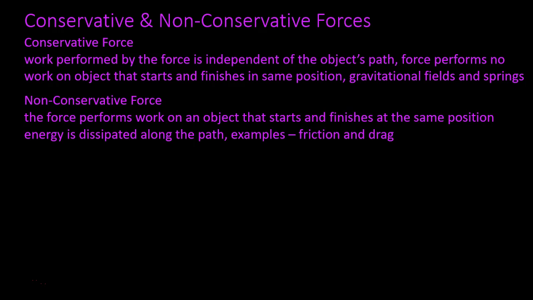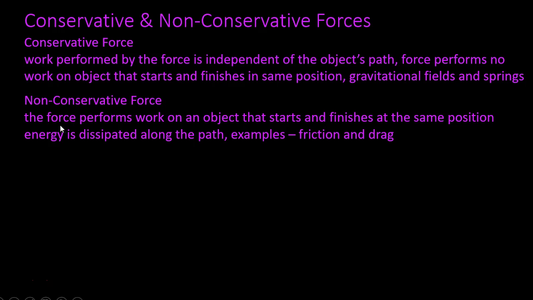Non-conservative forces are different. If an object starts and finishes at the same position, work is being performed and energy is being dissipated along the path. That's different than conservative forces, where if an object starts and ends at the same spot, there is no change in energy and no work was performed.